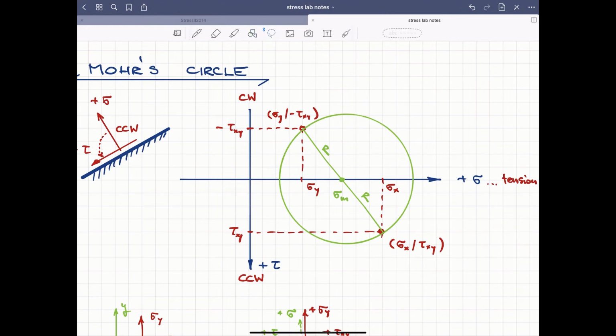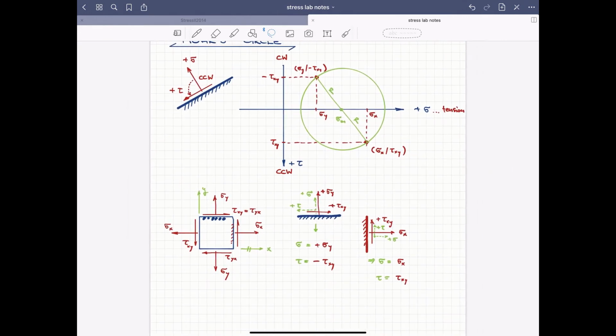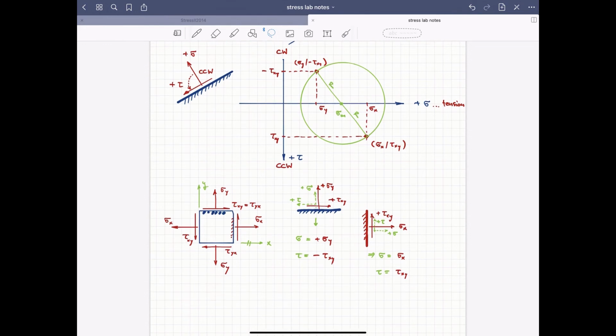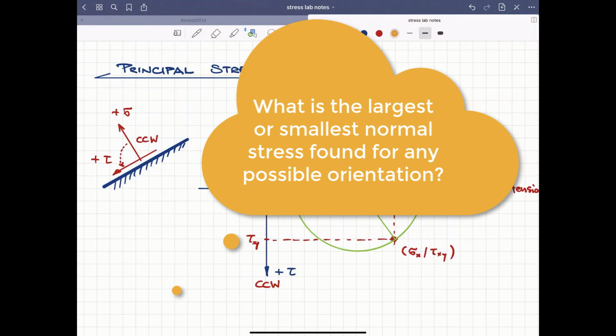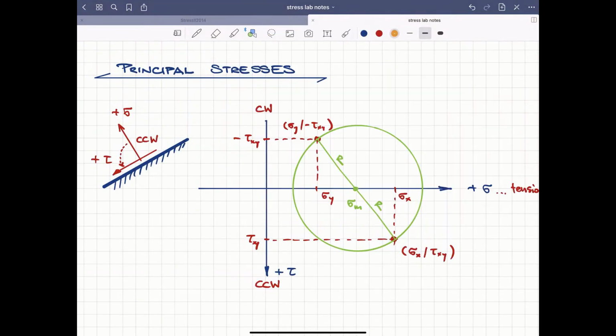If we draw a circle through that center point at sigma m, then this circle represents all possible stress states. Think of it, any point on the circle represents one pair of normal stress sigma and shear stress tau, and each of these points is associated with a surface. Next, we are asking the question, what could the largest normal stress or the smallest normal stress be under any transformation?